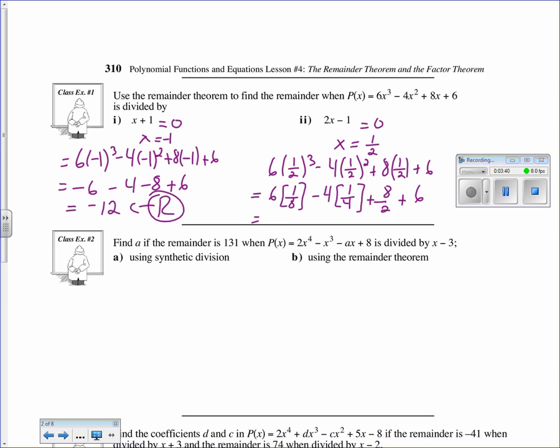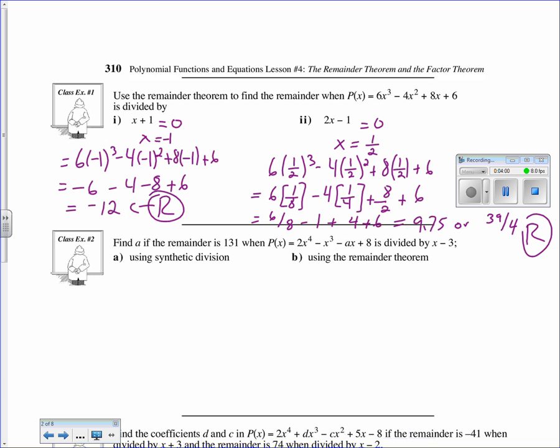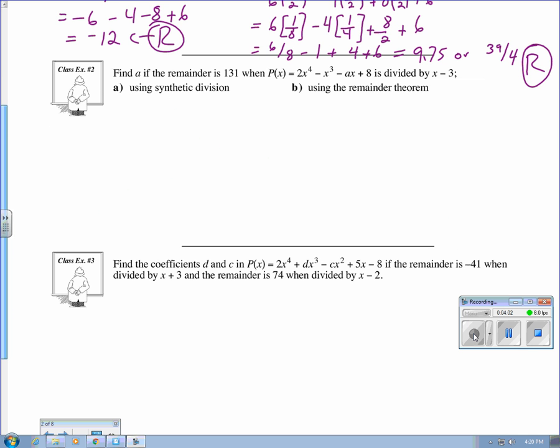So I've got 6/8 minus 1 plus 8 divided by 2 is 4 plus 6, and I'm going to convert that into a fraction. So I could recognize that number as 9.75 or 39/4. Because it's not 0, this is going to be a remainder.